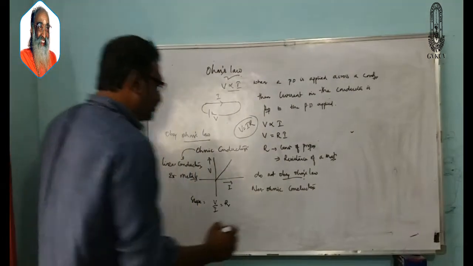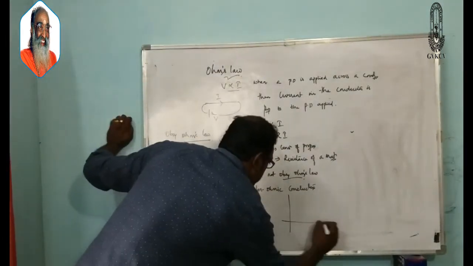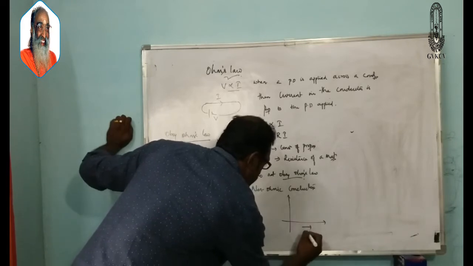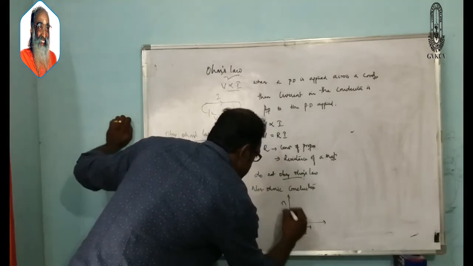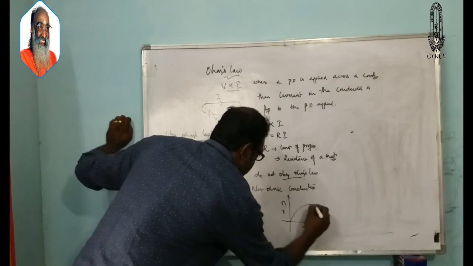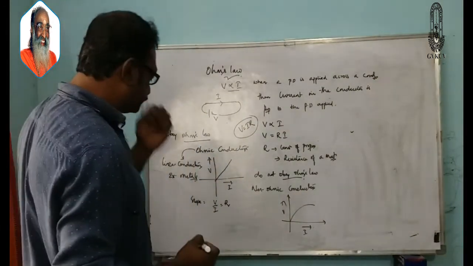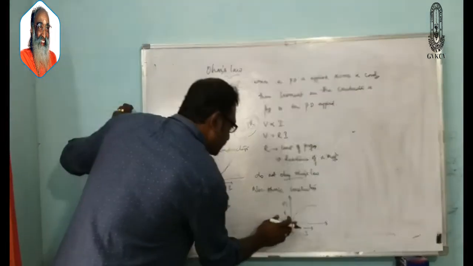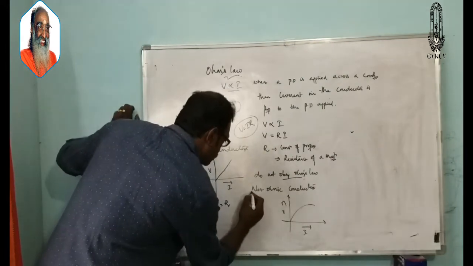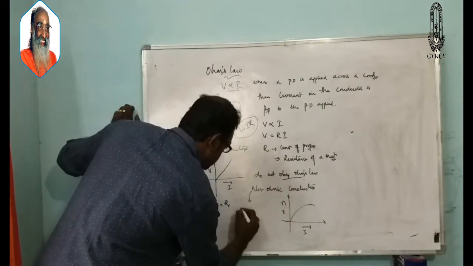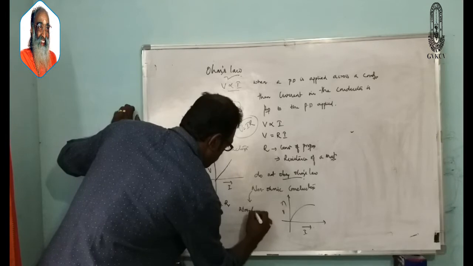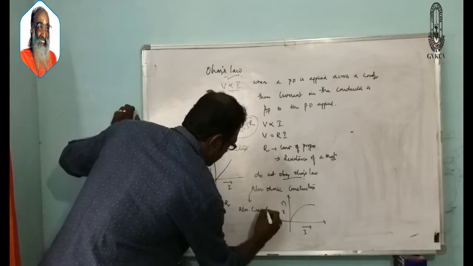If we draw a graph here, taking I on the x-axis and V on the y-axis, the graph is not a straight line, it is a curved line. By looking at this, we can say the graph is not linear, so we can call these conductors non-linear conductors.